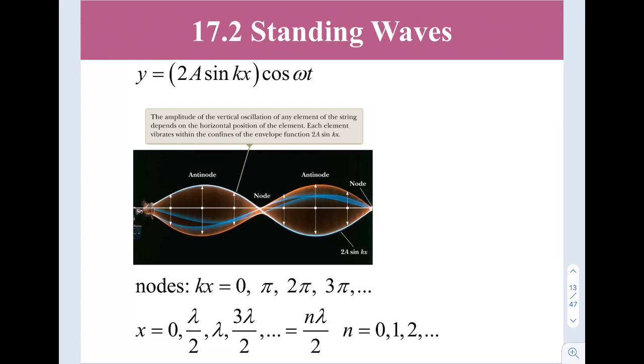A standing wave, such as the one on a string shown in this figure, figure 17.7, is an oscillation pattern with a stationary outline, right? That results from the superposition of two identical waves traveling in opposite directions.